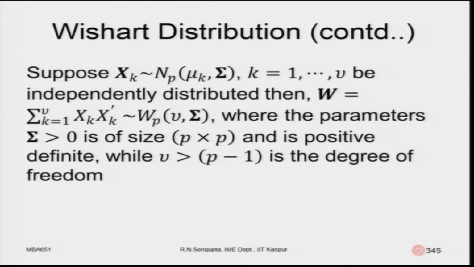In that case, you will have the Wishart distribution given as the multiplication of x k and x k transpose, which are normal with a certain mean and a certain covariance-variance matrix. Here the covariance-variance matrix would be of size p cross p and positive definite, while the value of v would definitely be greater than p minus 1, and you can solve the problems accordingly. So, this would be the degrees of freedom.